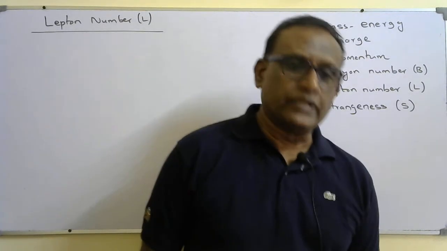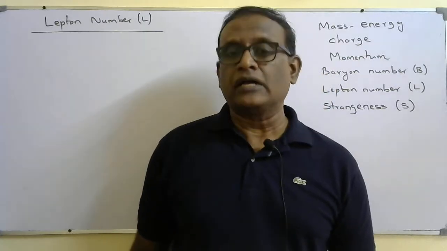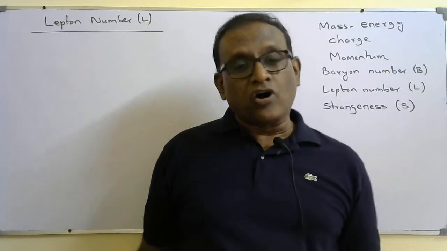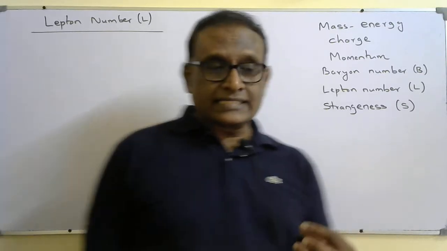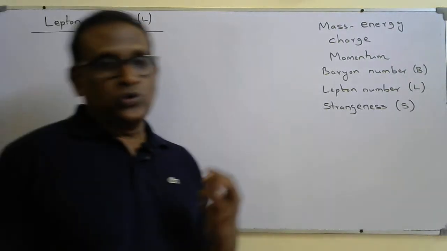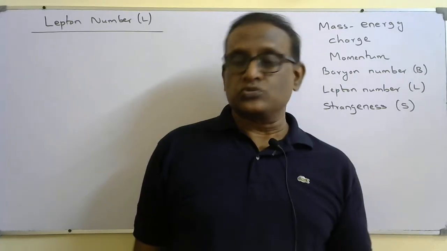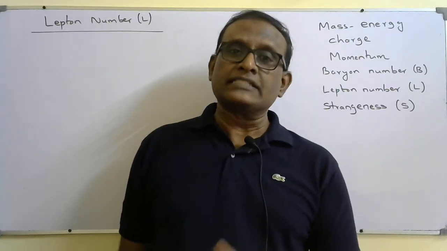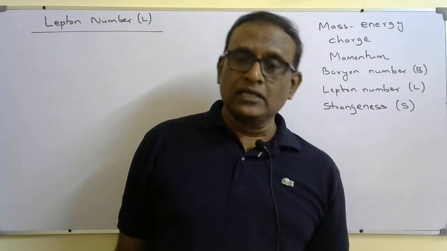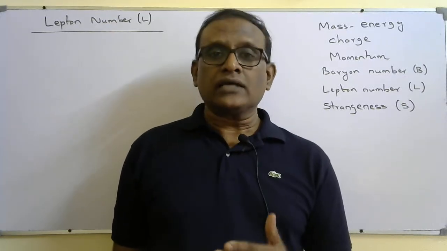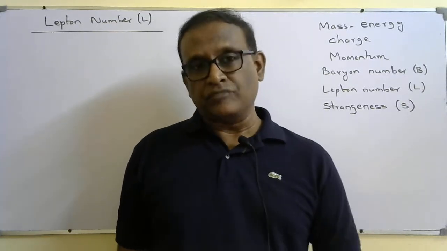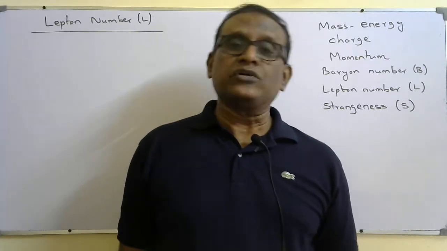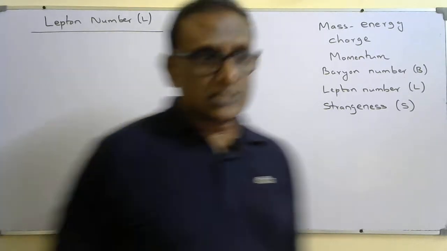Okay, so the lepton number, how is it assigned? Lepton number is also a number assigned for particles. For any lepton, the lepton number is plus 1. For any antilepton, lepton number is equal to minus 1. For any quark, lepton number equal to 0. Same way, for any antiquark, the lepton number will be equal to 0.